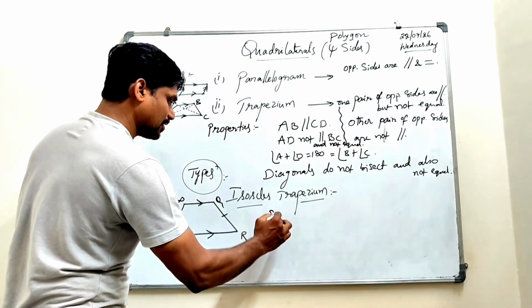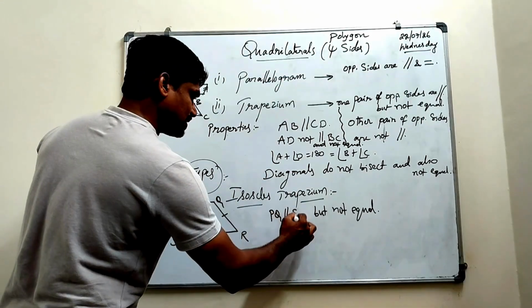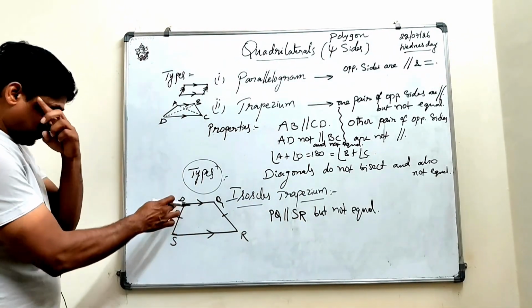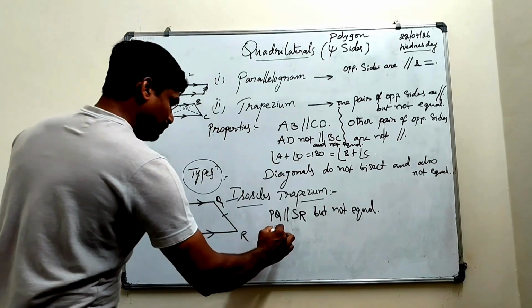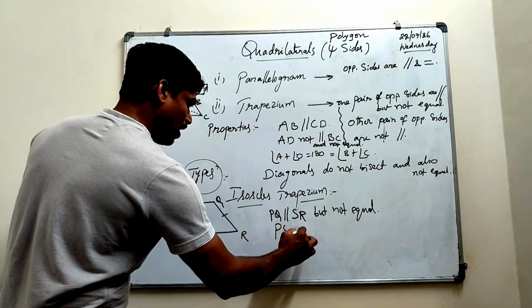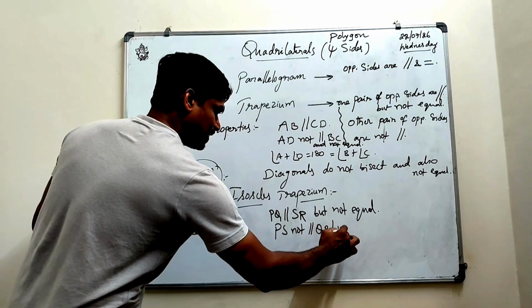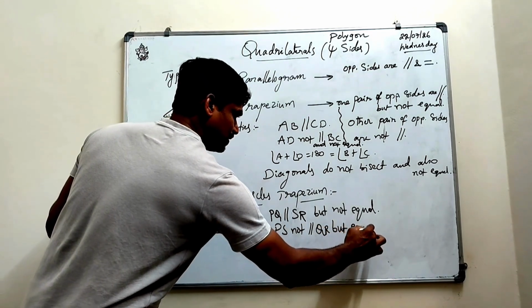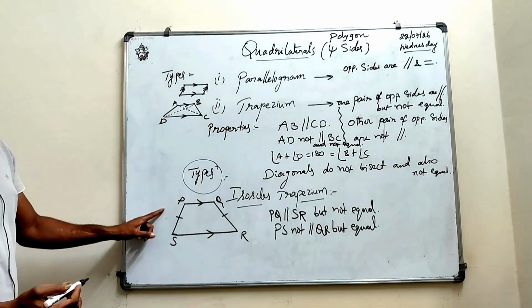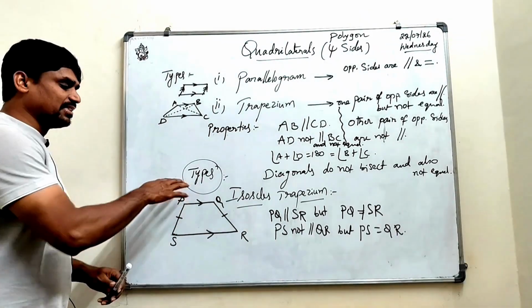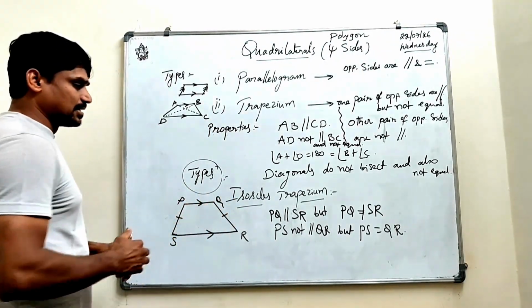Properties: PQ is parallel to SR but not equal. And next the other sides, PS is not parallel to QR but equal. We're done with sides now. We'll talk about angles.